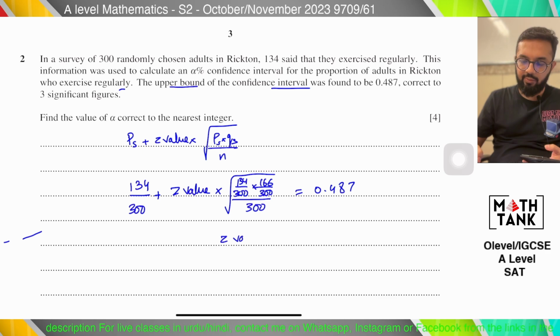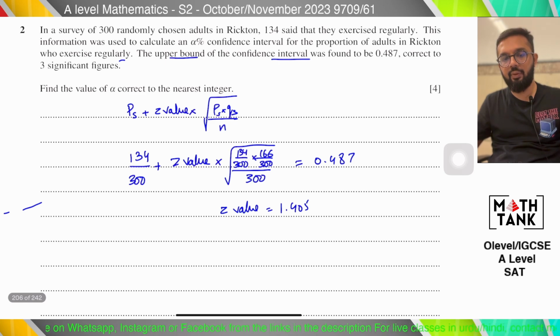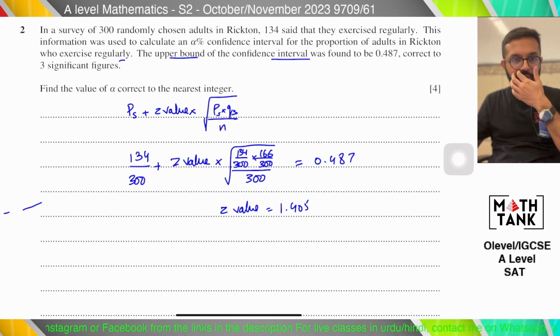I'm getting the z value as 1.405. Now the z value is 1.405, so I will find out my confidence interval accordingly.